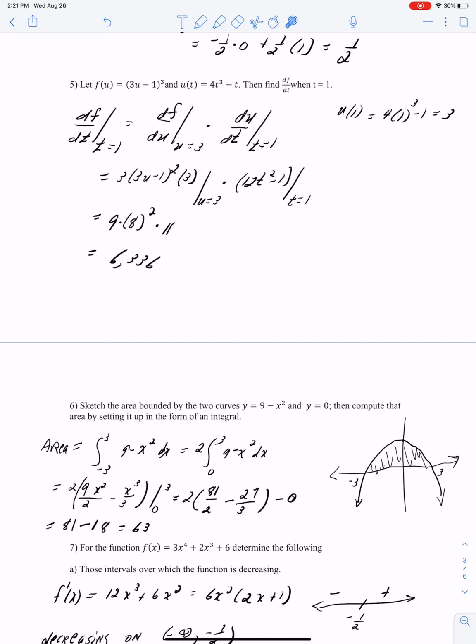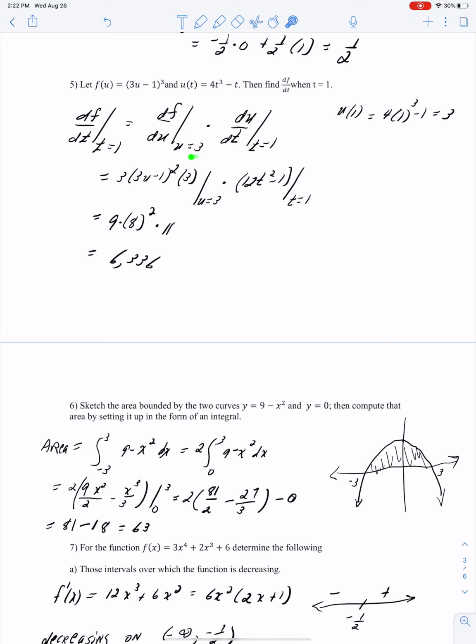So the chain rule says df/dt is df/du times du/dt. Now here I'm taking a derivative at a particular value of t. So df/dt at t equal 1 is df/du at some u value, and that u value is when t is 1, times du/dt at t is 1.